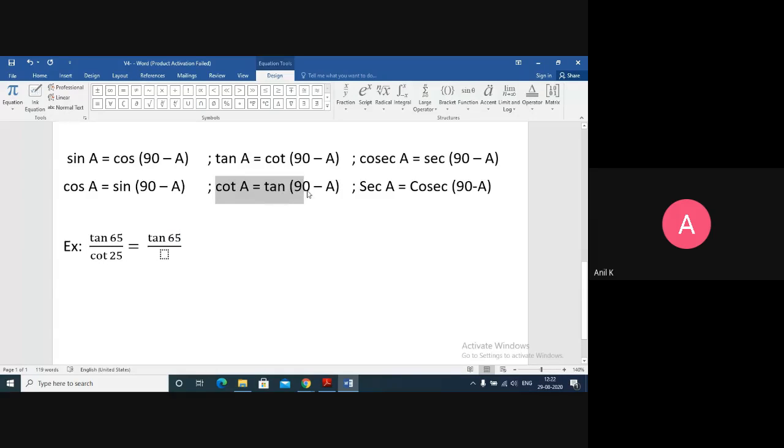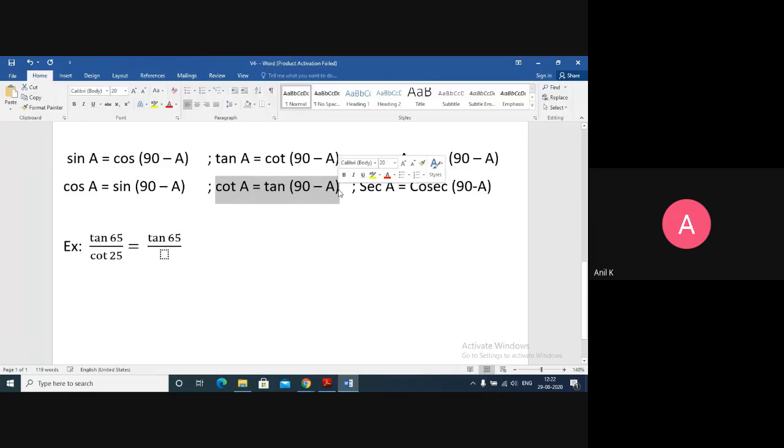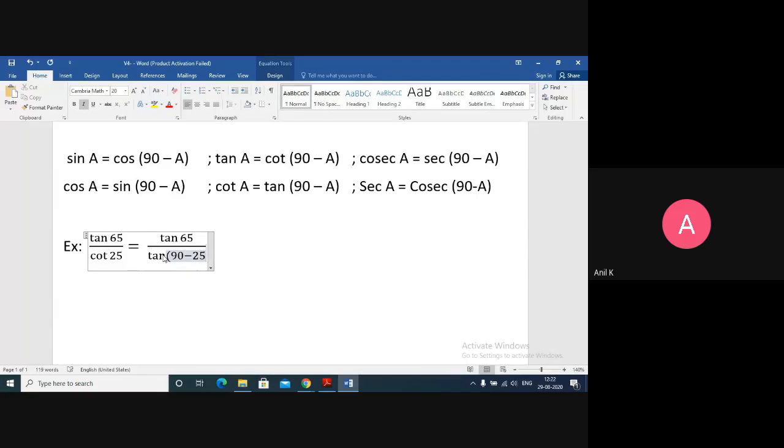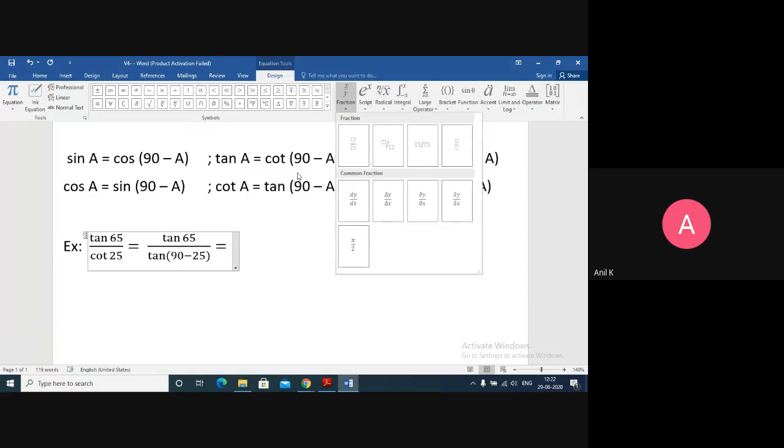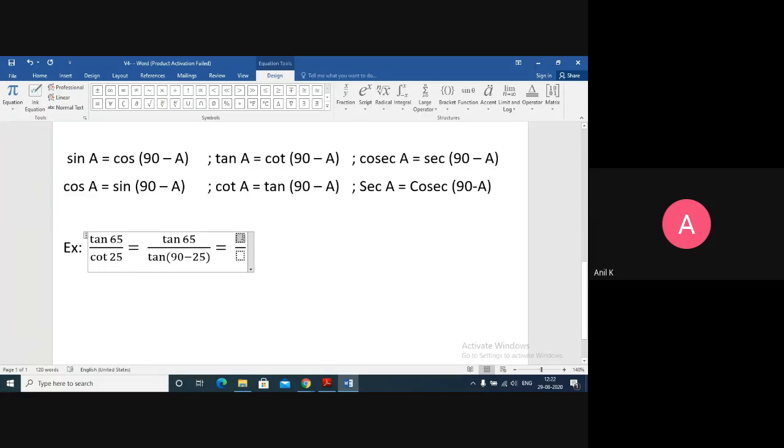Cot A is tan 90 minus A. So cot becomes tan, and 25 becomes 90 minus 25, and 90 minus 25 is 65.